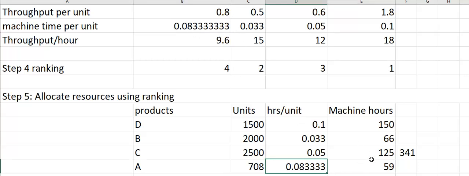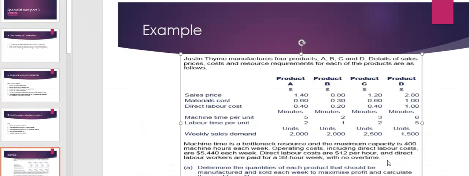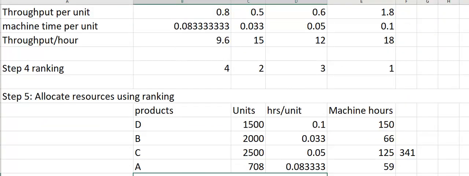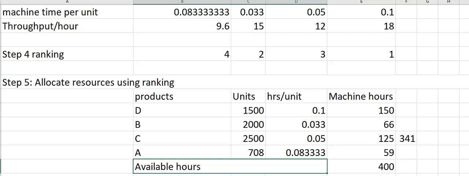To change hours into units we divide. So 59 divided by 0.0833 will give us 708. Let's go back to the question. Product A required how many units? It required 2,000 units. But because of limited resources, we are going to allocate only 708 units.